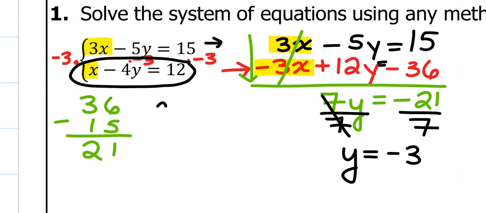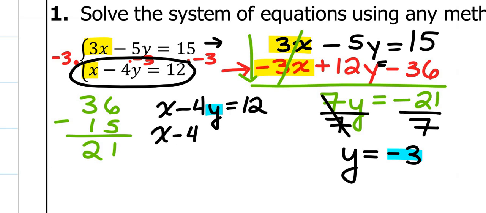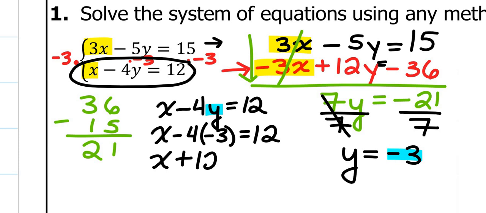So I'm going to plug in x minus 4y equals 12. I'm plugging in negative 3. So now I'm going to have x minus 4 times negative 3 equals 12. X, negative 4 times negative 3 is a positive 12, equals 12.